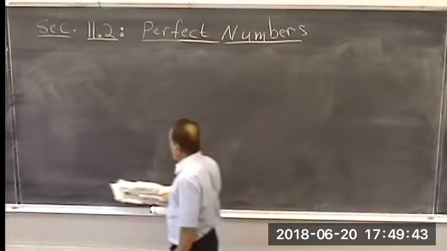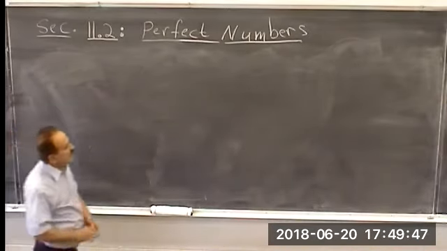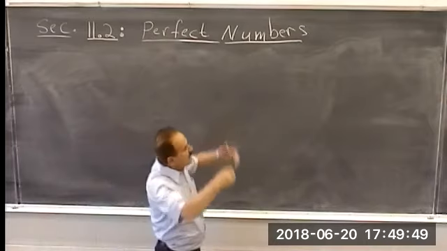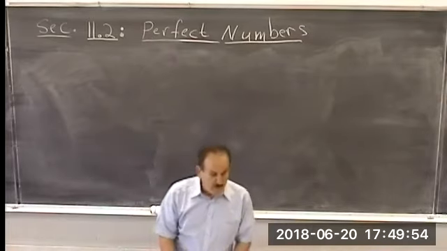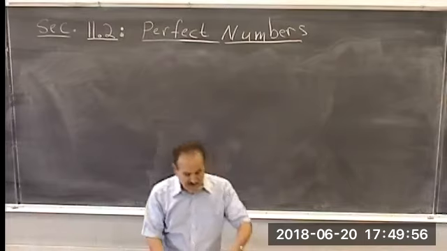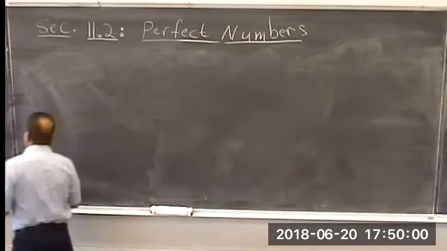And we're going to be studying these types of numbers of the form 2 to the n minus 1, all right? These are called Mersenne numbers, all right? But we have the following remark in here.